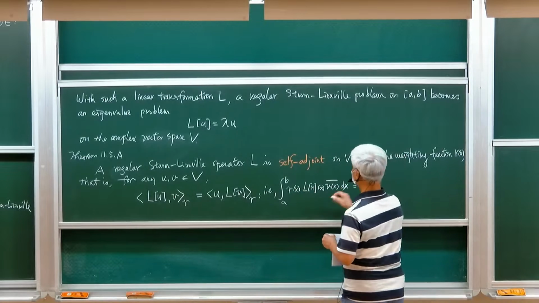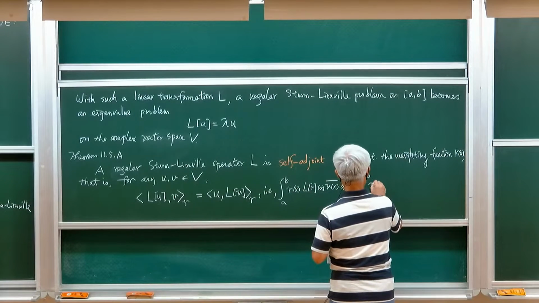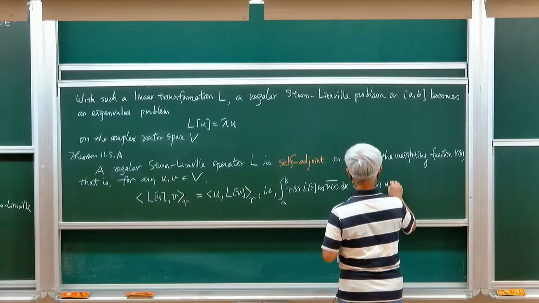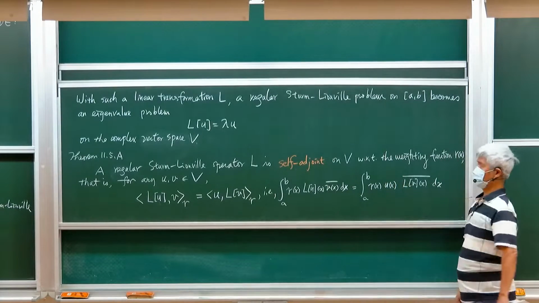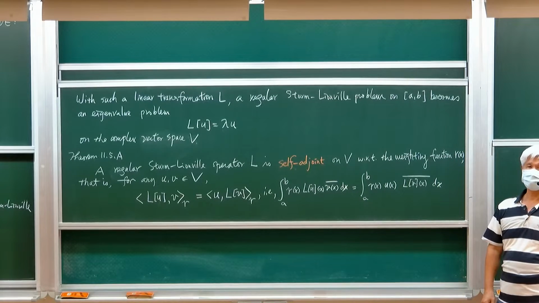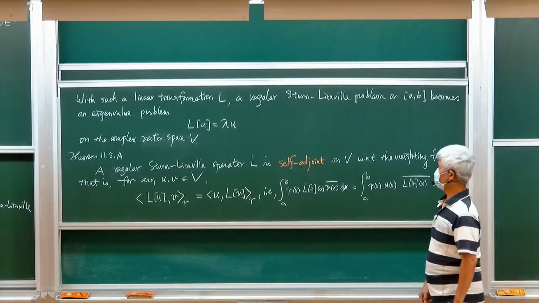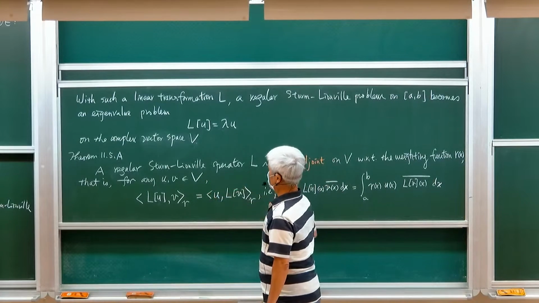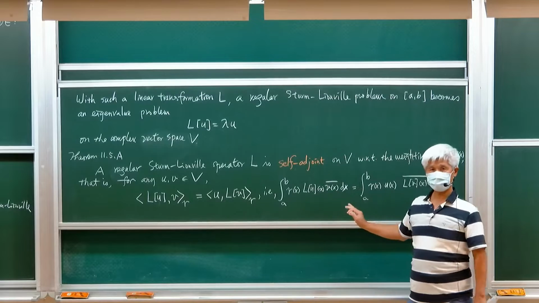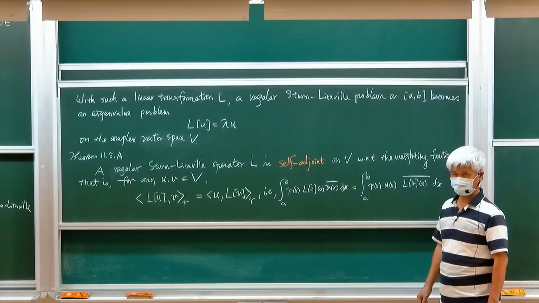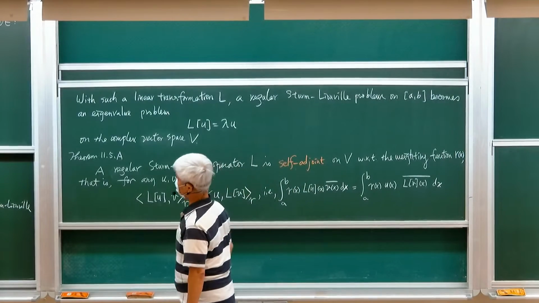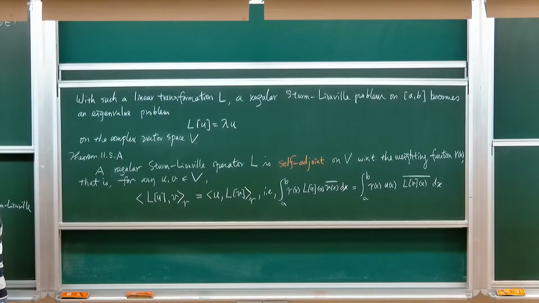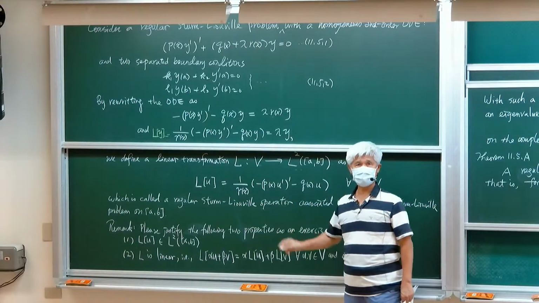And for the right-hand side, this would be u of x and L v bar dx. All right, so this is an important property for regular Sturm-Liouville operators defined here.